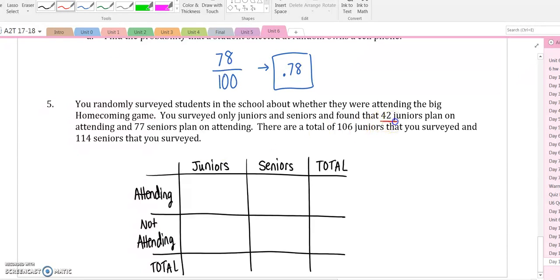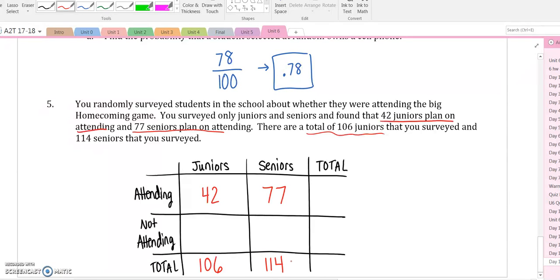And then I can start filling in my numbers. Okay, 42 juniors plan on attending. So juniors attending, that'd be 42. 77 seniors plan on attending. So seniors attending is 77. And then there are a total of 106 juniors you surveyed. So total for juniors is 106 and 114 seniors.